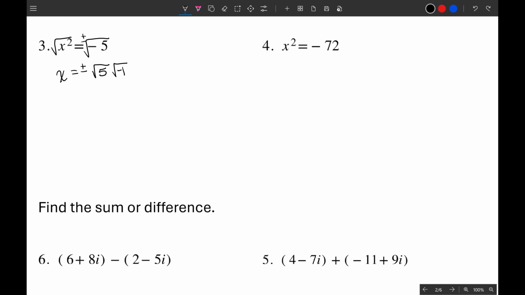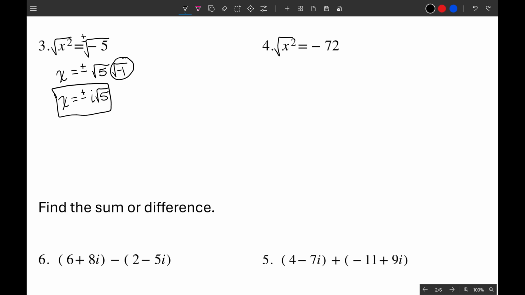Well, I don't put the square root in front of anything, so I'm going to change this to i times the square root of 5. So always put your square root behind everything else.